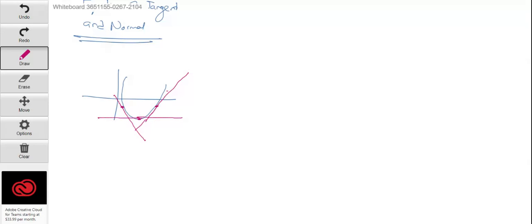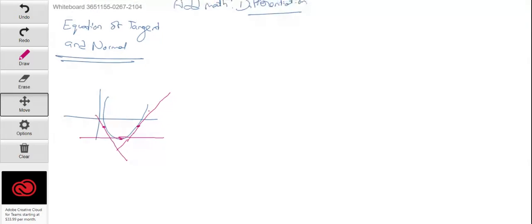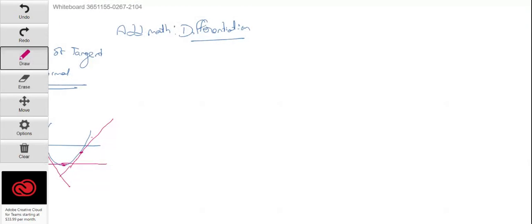Now, where does differentiation come in when it comes to tangents and normals? Well, before we go into what a normal is, let's recall what differentiation actually gave us.